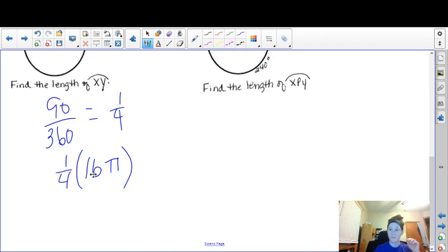So 1 times 16 is 16. 16 divided by 4 is 4. So my final answer for problem number 14 is simply 4 pi. And again, we're finding a length. Because we're finding a length, it's only one dimensional, so it would be units of feet, inches, meters, all that such.